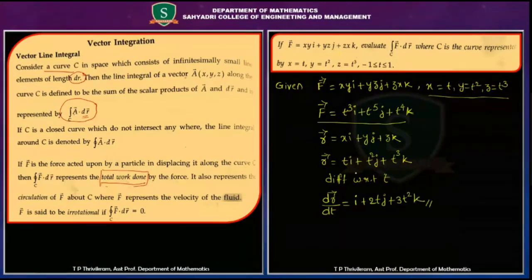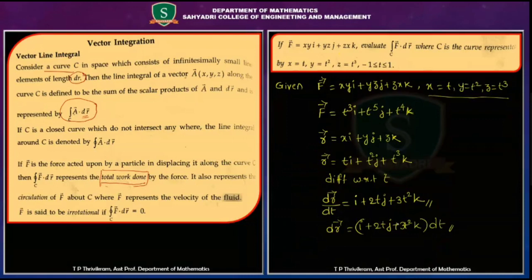If you differentiate t, t square and t cube, you will get these values. Fine. So it implies dr will be equal to, sending this dt to that side, i plus 2tj plus 3t square k into dt.